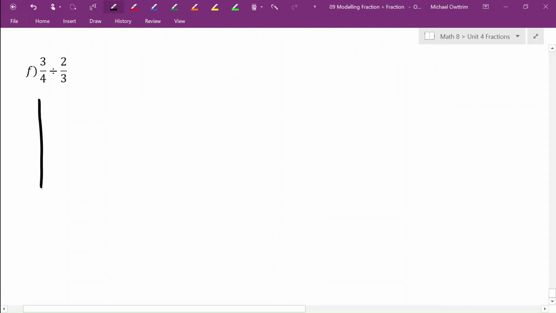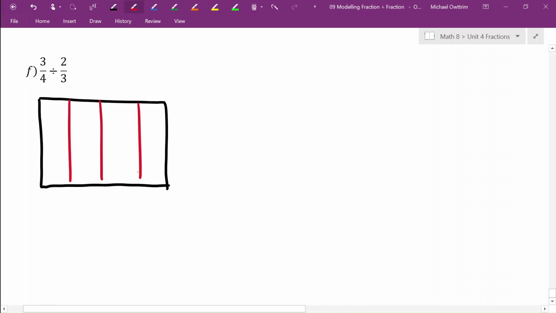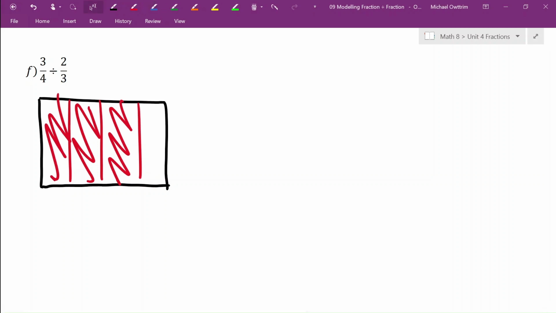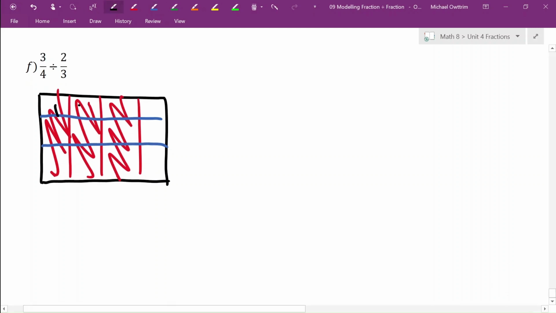Finishing up with question F, we want to go ahead and have 3 out of 4 columns filled in. We want to split that into 3 rows, and that gives us 9 pieces to work with.